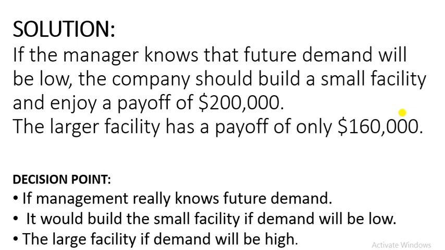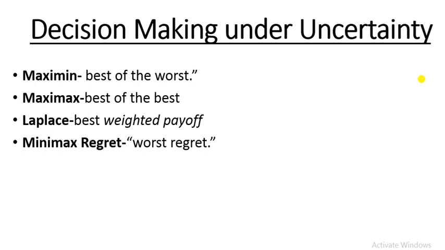Moving on, he is talking about decision making under uncertainty. In the previous scenario, we took the decisions when the manager is 100% sure about the future, and in this scenario we will talk about when the manager has no certainty and is dealing with an uncertain situation.